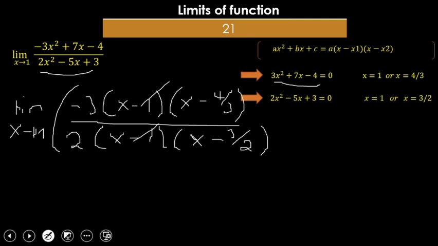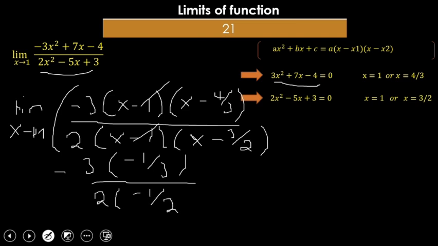We are going to be left with this. Substituting the value that is 1, we are going to be having what? Minus 3 into 1 minus 4 on 3, that is 3 minus 4, minus 1 all over 3, all over 2 into 2 minus 3, that is minus 1 on 2. This and this will cancel. We are going to be having what? This and this will go. 1 over minus 1 is equal to 1.